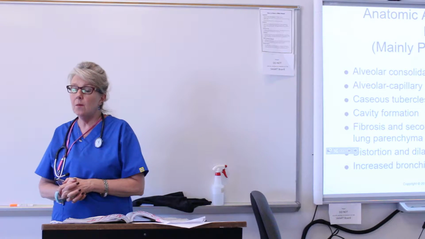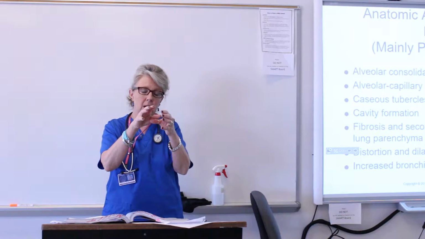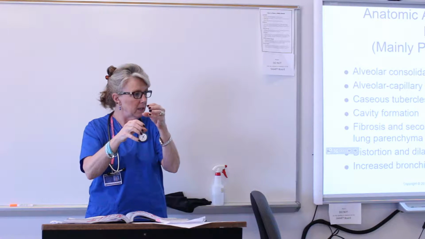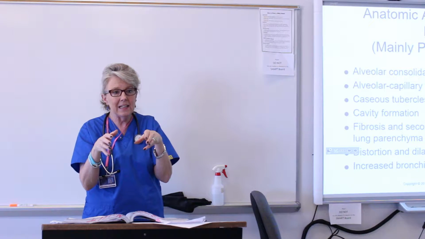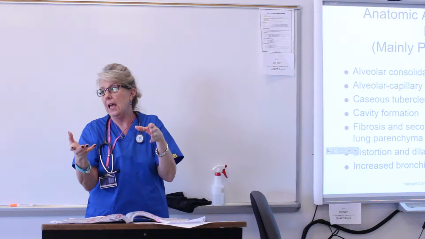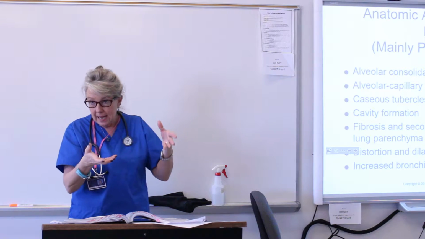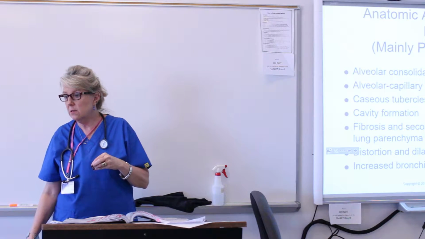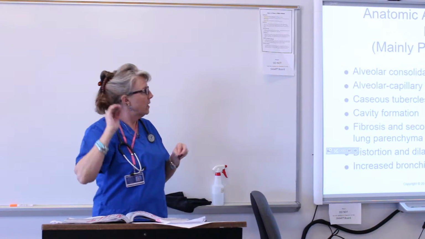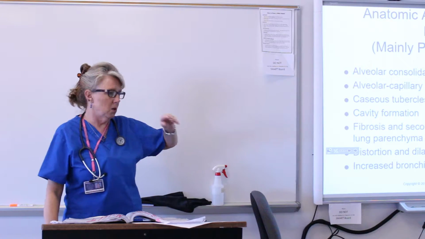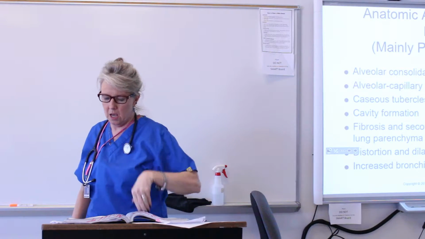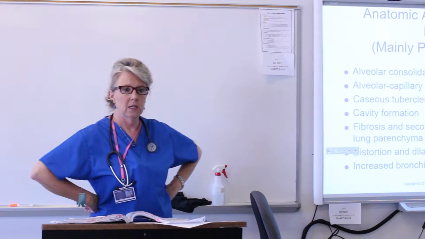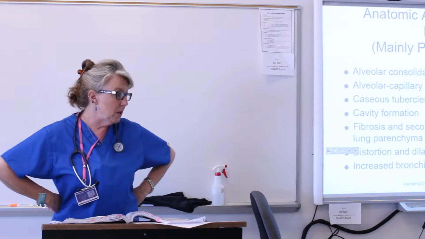And also, if it gets in an area that actually causes the distal bronchioles to distort and dilate, now the patient has bronchiectasis along with the tuberculosis. Now, from these descriptions up here, is tuberculosis a restrictive or an obstructive disease? It could be a mixture.